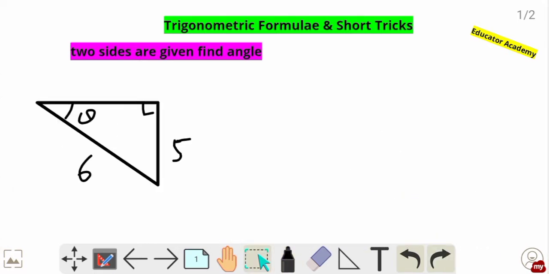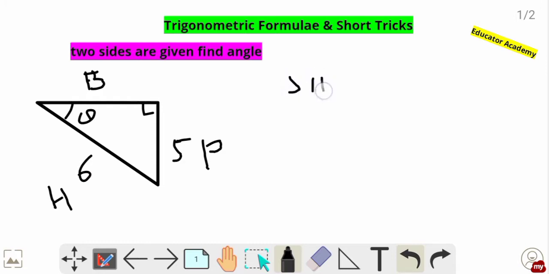So guys, we again have a question with two sides, and we have to find its angle. As we know, the side opposite the 90-degree angle is the hypotenuse, the side opposite theta is the perpendicular, and the remaining side is the base. In this case, we have been given the perpendicular and the hypotenuse.